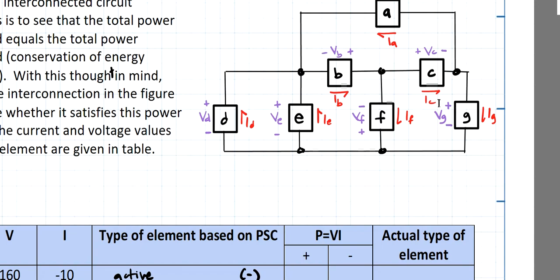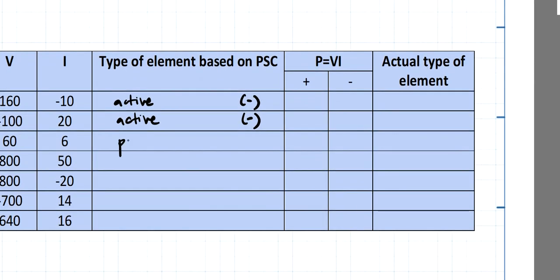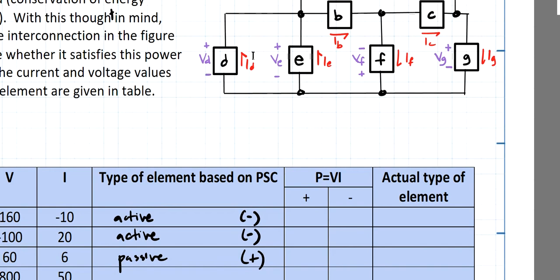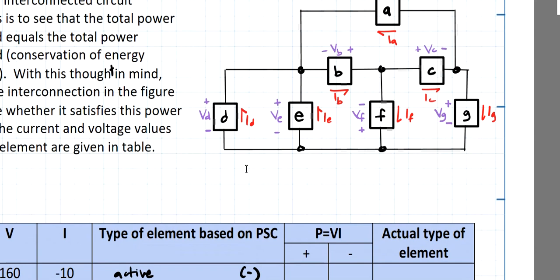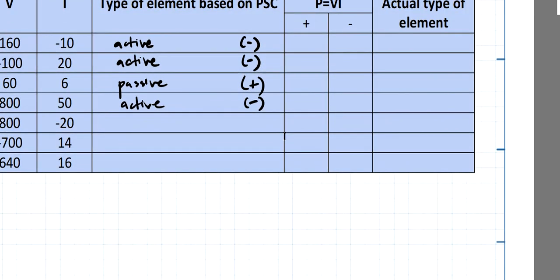Next one is letter C. The positive current enters the positive voltage terminal, so that's going to be passive, and this one will be positive. Next one is letter D. This is an active element. And for letter E, this positive current enters the negative terminal, and this is also active.